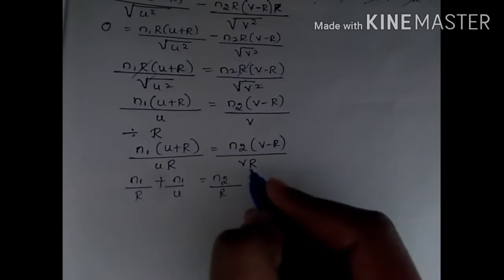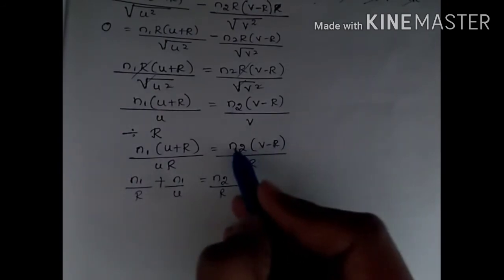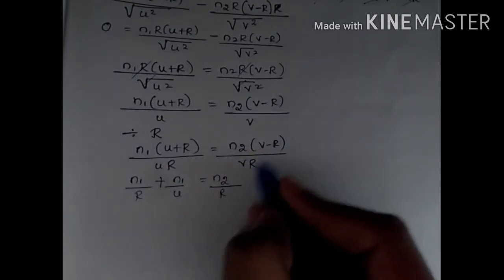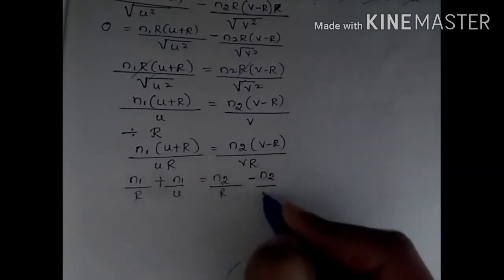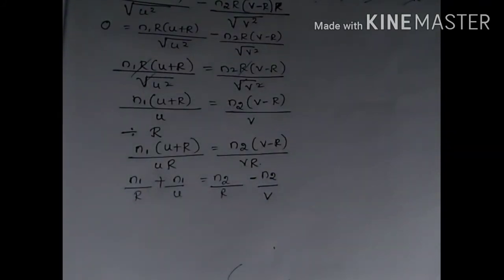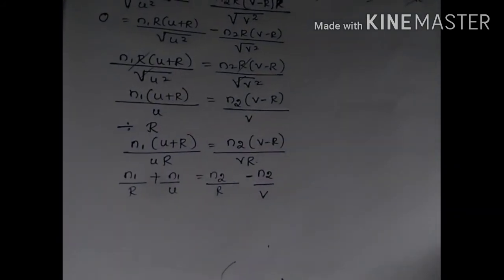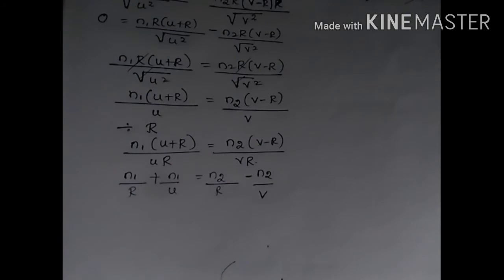If you cancel n2 r by vr, r gets cancelled. What remains is n2 by v. So this is the equation that you got.